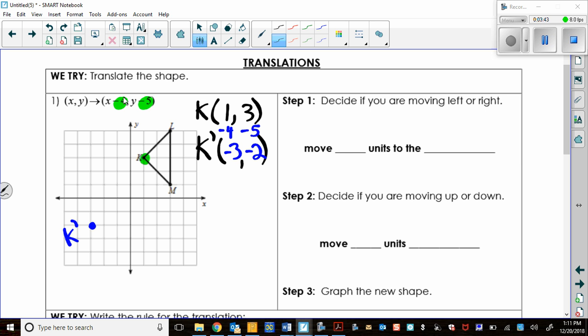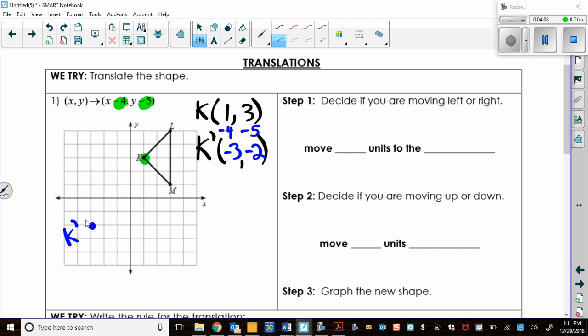So in this case, I was taking this K and moving 4 units to the left-hand side. 1, 2, 3, 4. Then the y value, I was subtracting 5 from that. When we talked about slope, a negative direction was going down. So I just went down 5. 1, 2, 3, 4, 5.